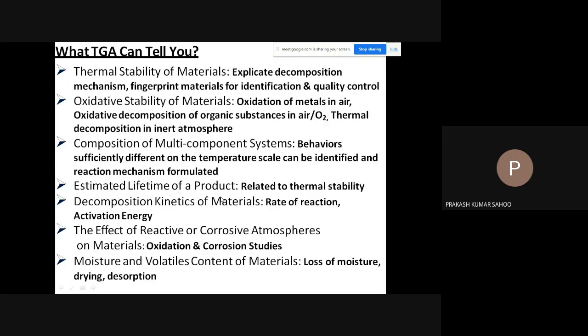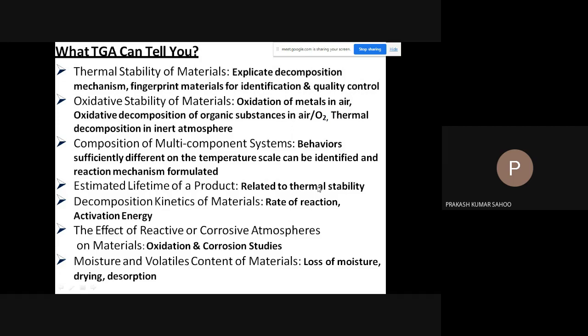Then we have estimated lifetime of a product. So how much is the lifetime, and that is related to thermal stability. At what temperature, what is the lifetime of that material. Then the kinetic decomposition, effect of reactive or corrosive atmosphere on the material, moisture and volatile content of the material.